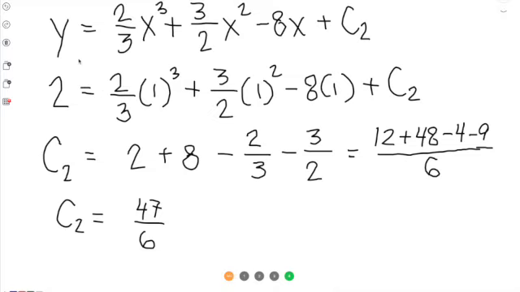Okay, so writing down our particular solution for this DE given the initial conditions we have. So the value of C2 is 47 over 6.